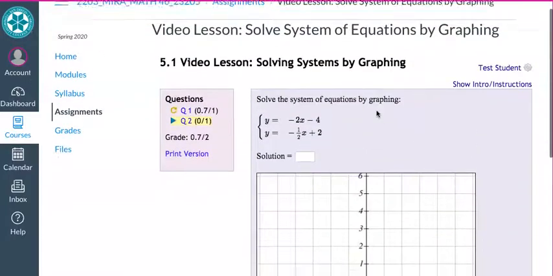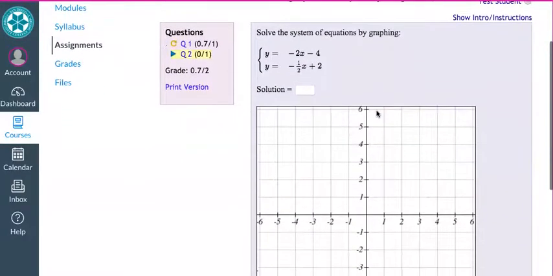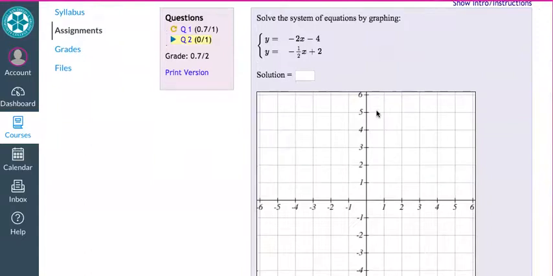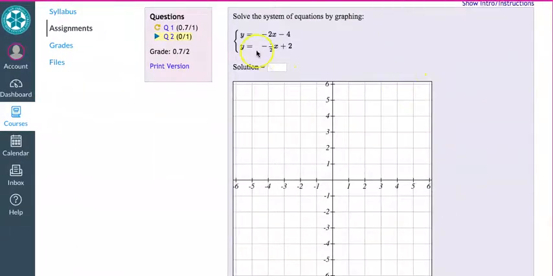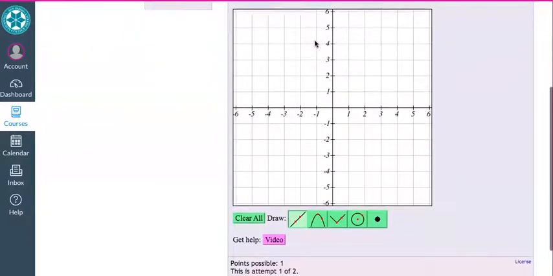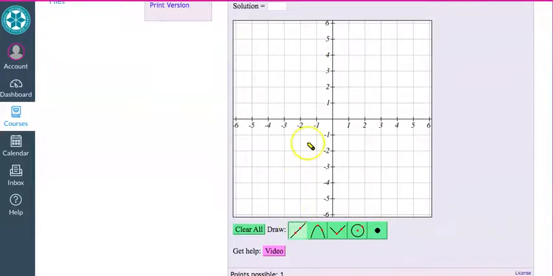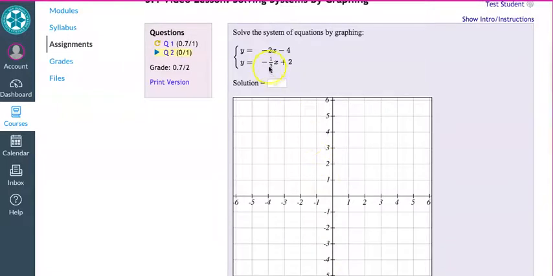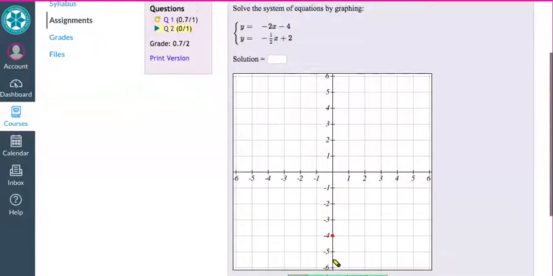It says solve the system of equations by graphing. If we graph both lines, the first line is y equals negative 2x minus 4. The system allows you to graph things, so you can draw a line. I can see that in the first equation the y-intercept is negative 4, so I place a point, and then the slope is negative 2 over 1.